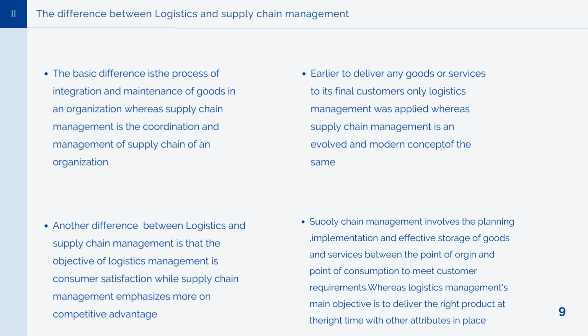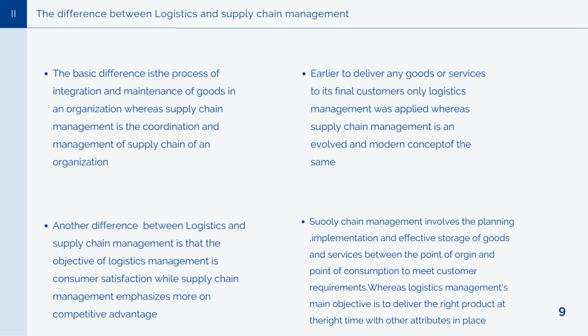Another difference between logistics and supply chain management is that the objective of logistics management is consumer satisfaction, while supply chain management emphasizes more on competitive advantages.